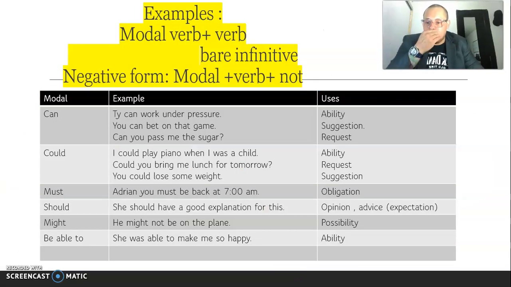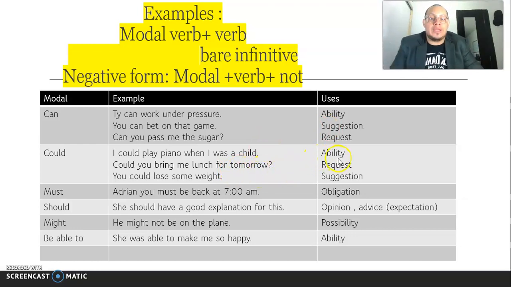Okay, I bring you a few more examples. Let me read some of the sentences. If you notice, you can express ability, suggestion, or request. Ty can work under pressure. So you are bringing into the loop the ability that this person has to work like this. I could play piano when I was a child, not anymore.